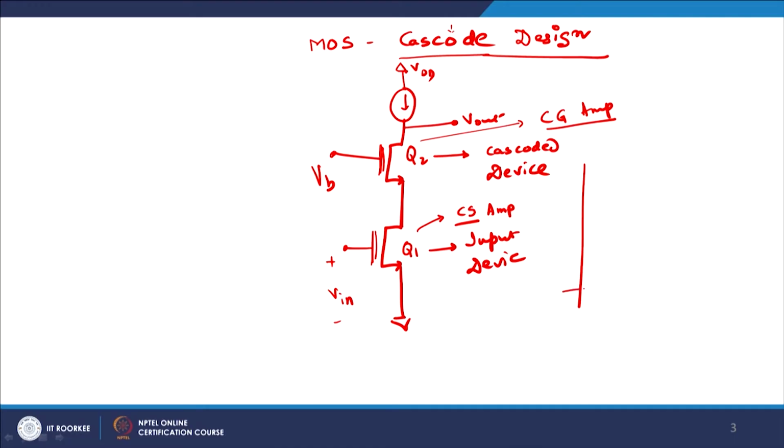Now, if I try to plot Vout versus Vin to get the transfer characteristics curve, let us suppose this point is x, and this is Vout. Then I get something like this.